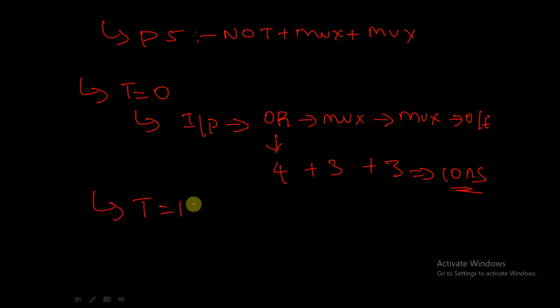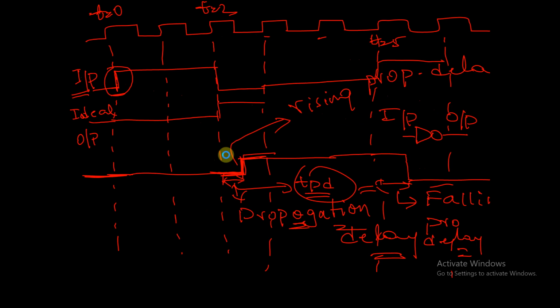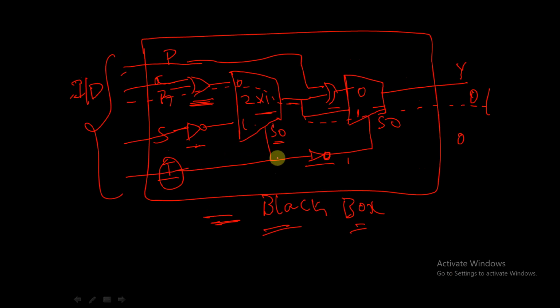If T is equal to 1, what is the scenario? Then this path will be selected: NOT gate to multiplexer, multiplexer to output. T is equal to 1, so this will be equal to 0 and this path will be selected.